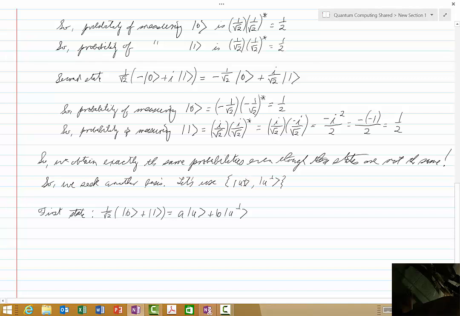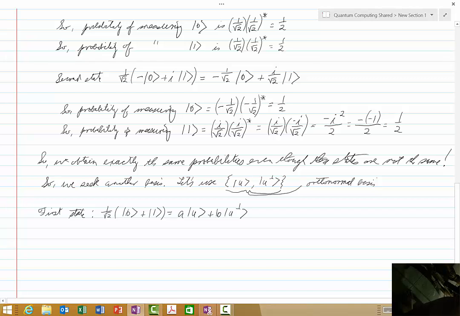So each one of these has been normalized. So each one of these is a unit vector. So this right here is an orthonormal basis.